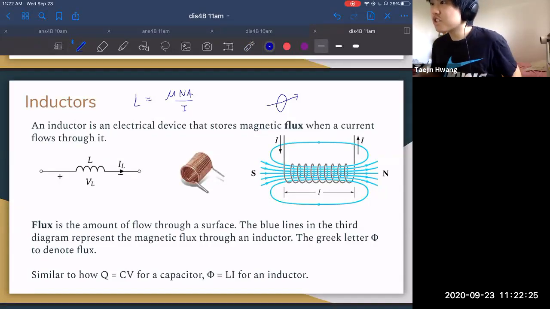Inductors are quite an interesting device because the number of turns and the area have a huge effect on the actual inductance. Google doesn't seem to be helping me out here.